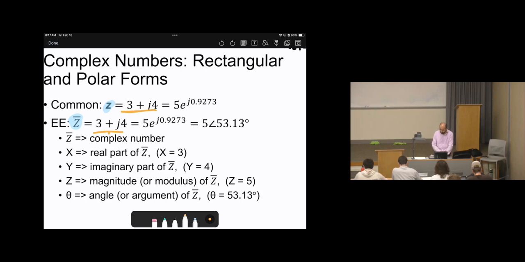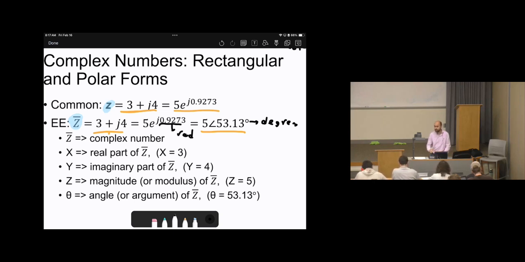Then we have the polar formats. Sometimes it can be drawn in exponential form, or in the other form. What's the difference between the exponential form and the other polar form? Basically, you will see the angle in degrees in one, while in the exponential form the angle is in radians.